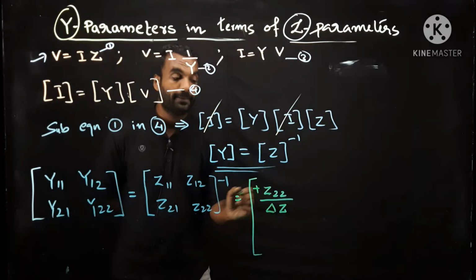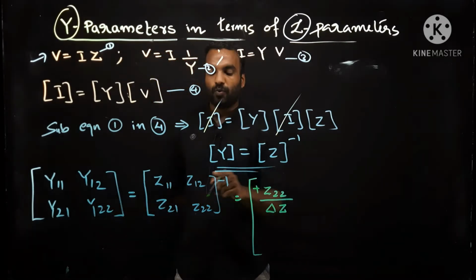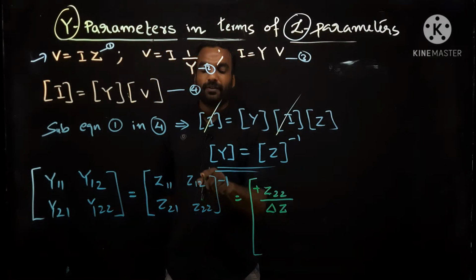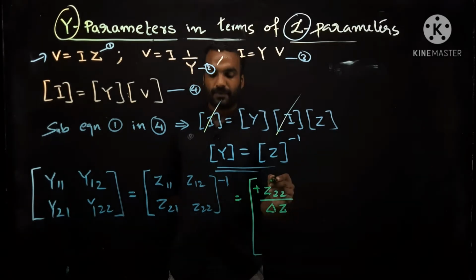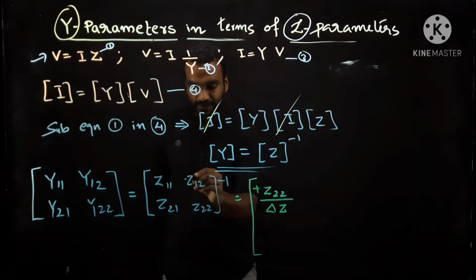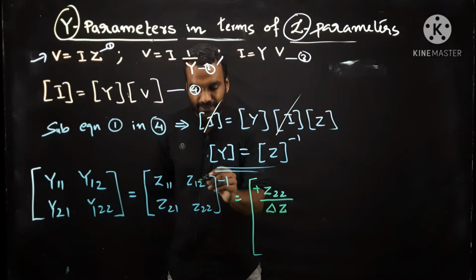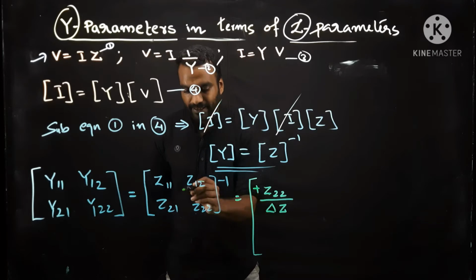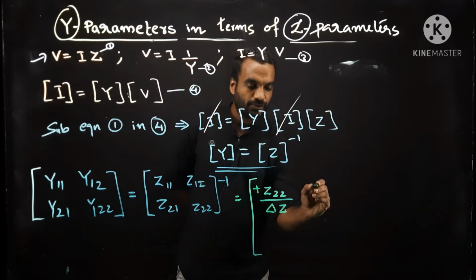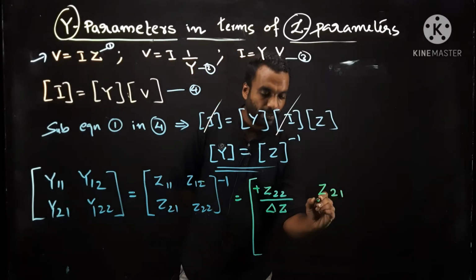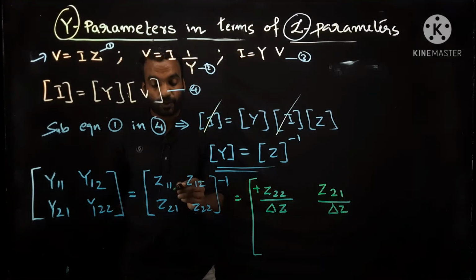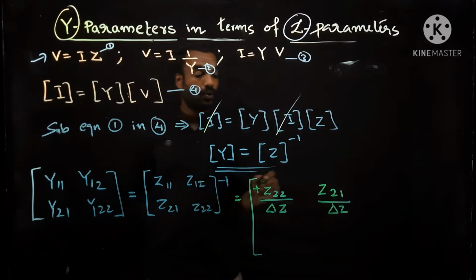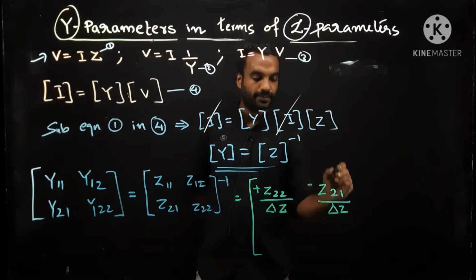That's why we have to take plus here. Okay. Now, what will be the second element in the inverse matrix? You please draw a line in this direction and this direction. Then this will be the remaining element, so that Z21 by delta Z. And what will be the sign? Because the sum of 2 and 1 is 3, and 3 is an odd number, so you have to take minus here.